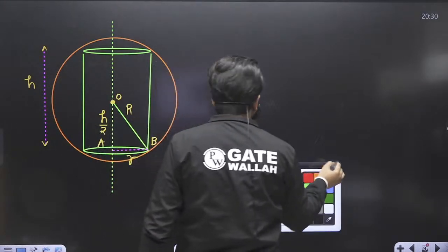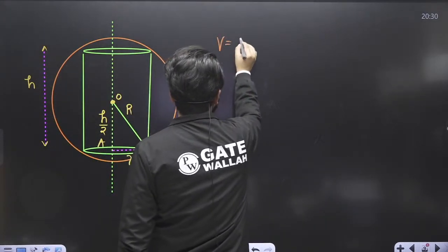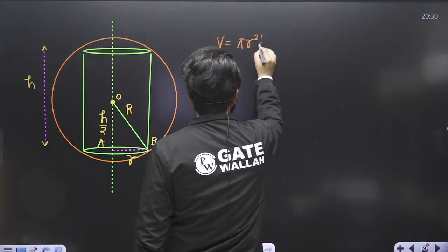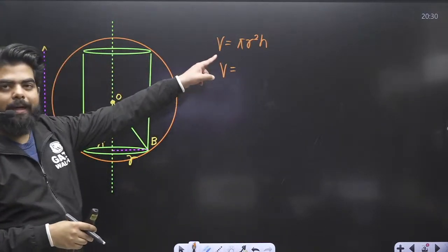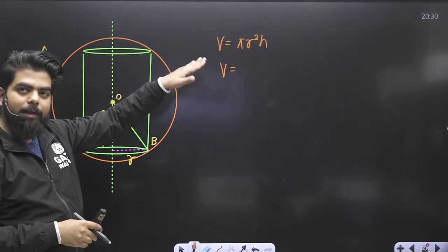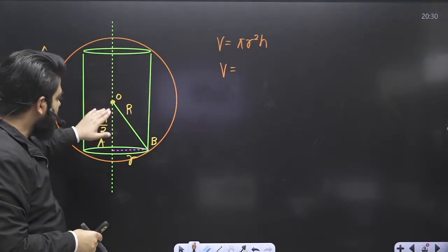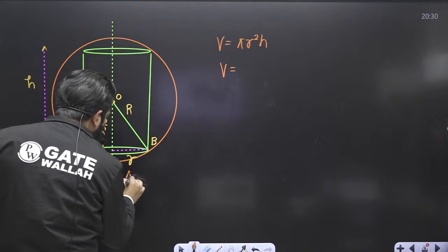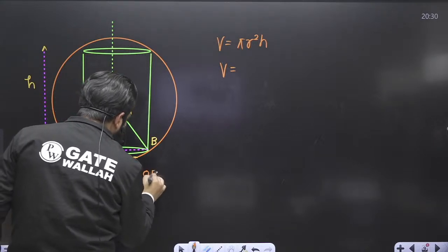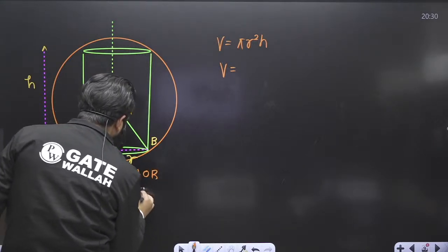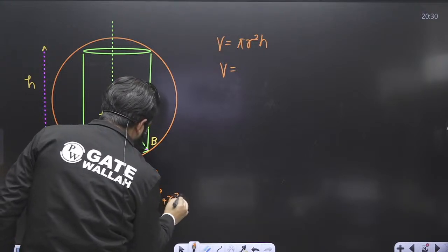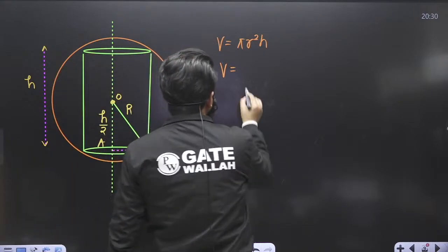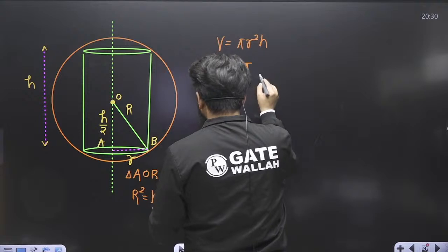What is the volume of the cylinder? Pi r square h. This is a function of two variables, r as well as h. I'll try to reduce it into a single variable. So for that, I'll be using this triangle AOB. This triangle AOB will become R square equal to h square by 4 plus r square. Okay, I'll replace this small r square.